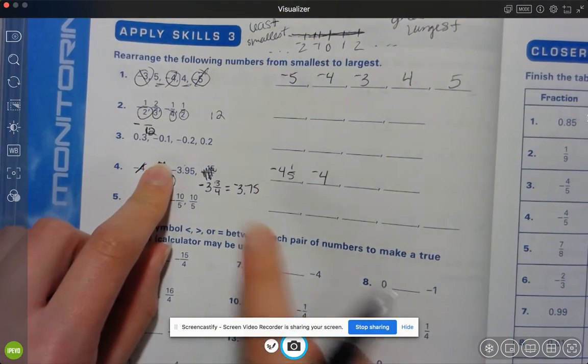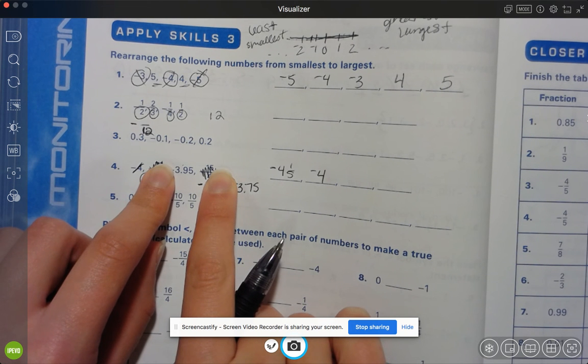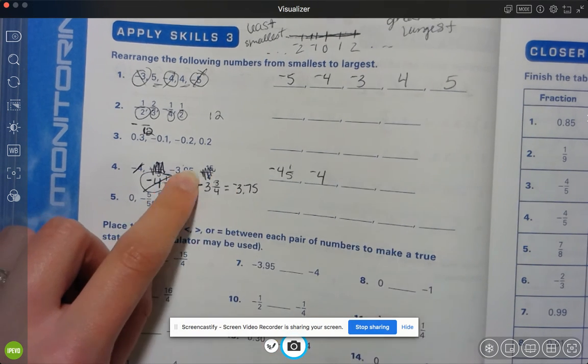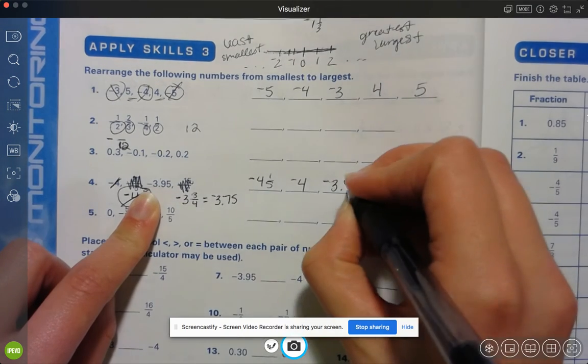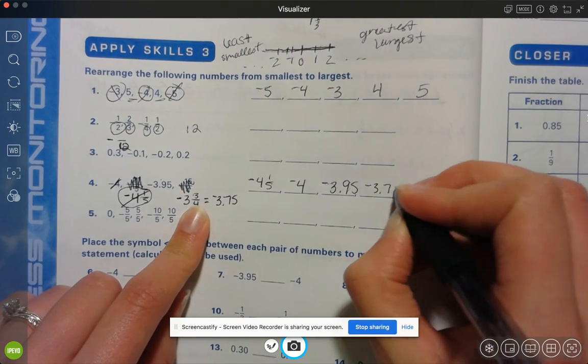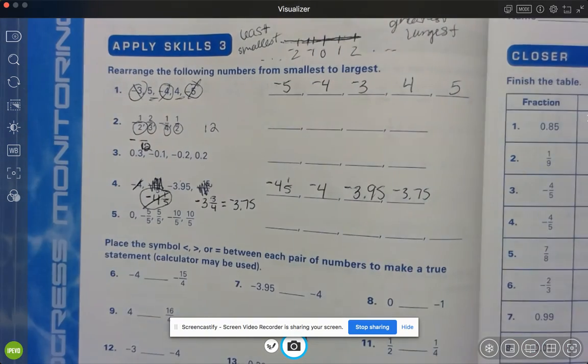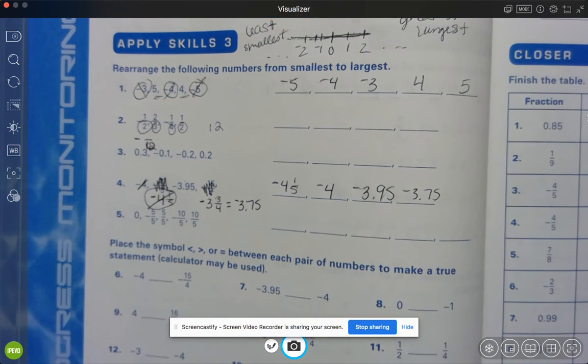Looking at 3.95 and 3.75, 3.95 is bigger, so this is our bigger negative and it'll be our next number. And then last, -3.75.